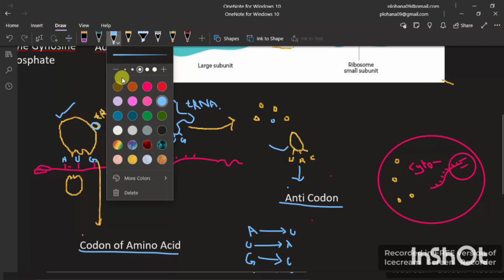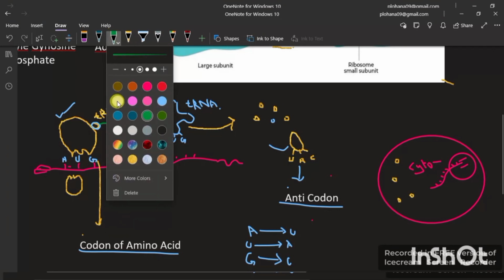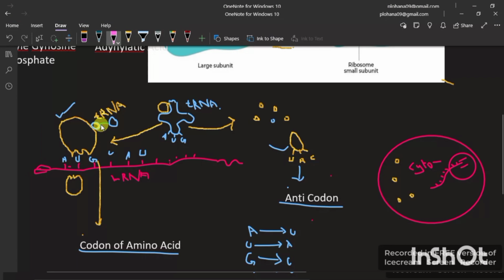Now this rRNA, ribosomal RNA, will be making a peptide bond between them, because we know that between the amino acids in the protein we do have peptide bonds. So basically this long chain would be formed here, amino acid, again peptide bond, again amino acid. So here basically protein will be formed.